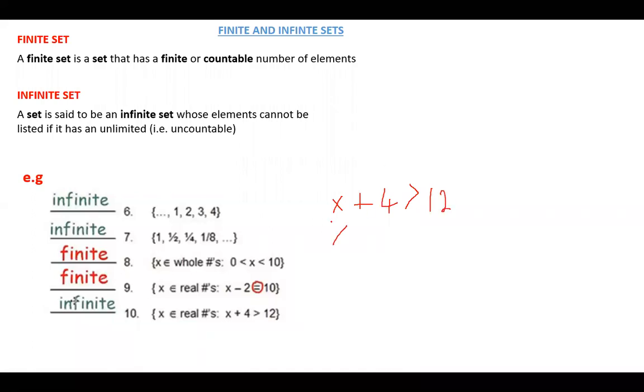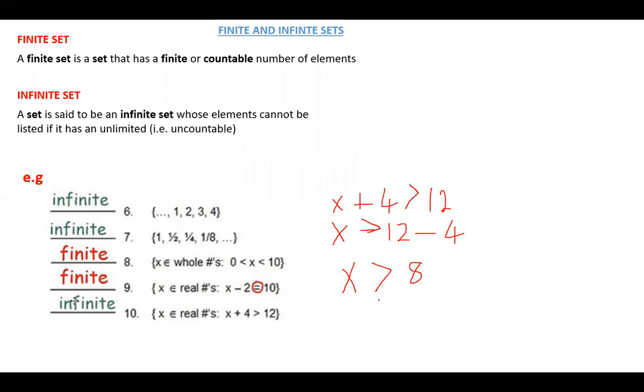You have x is less than 12 minus 4. So meaning your value of x is less than 12 minus 4, you get your answer to be 8.